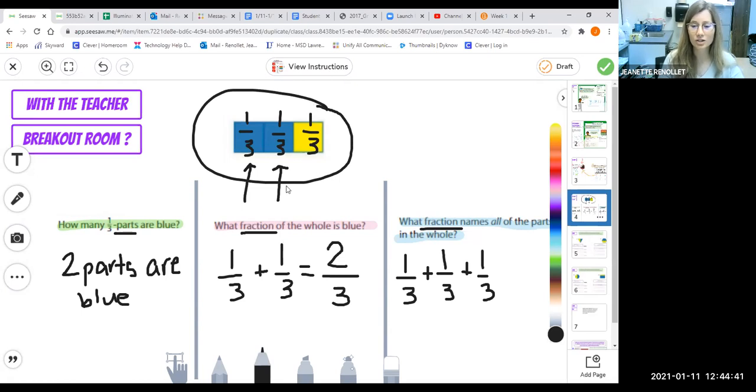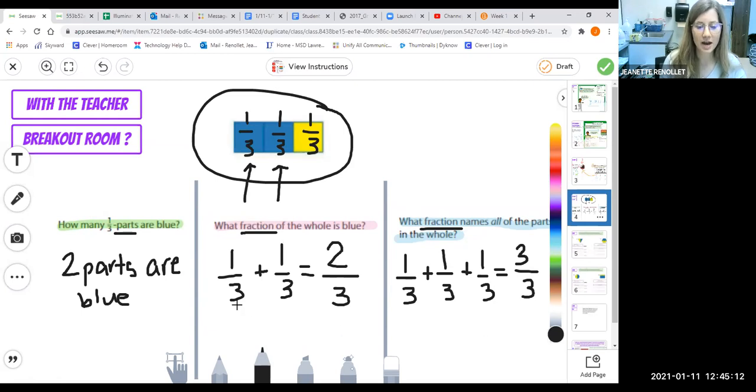My question said, what fraction names all the parts in a whole? So now I have to add them all together to see what that fraction is called. I know that if I add 1/3 plus 1/3 plus 1/3, I will have 3/3. We have talked about this a little bit, how this is equal to 1 whole.